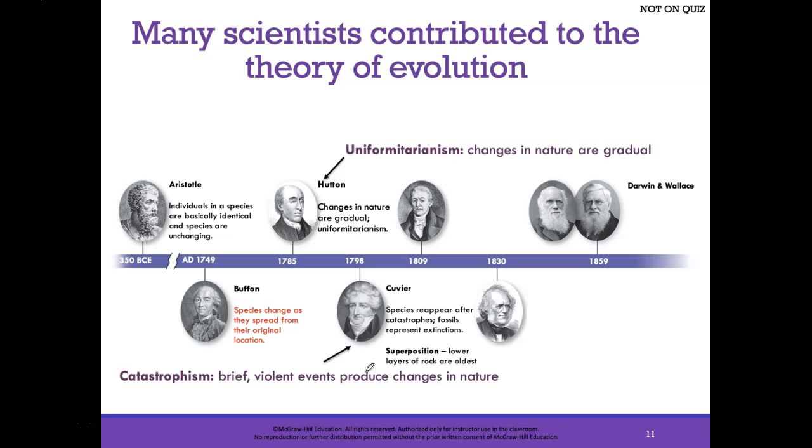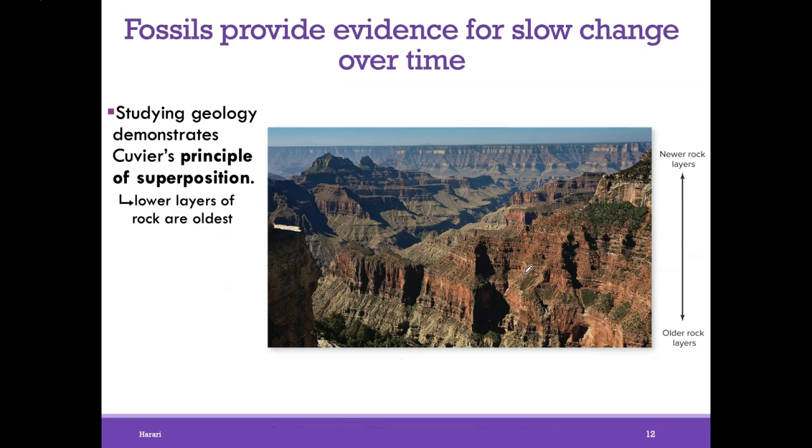People didn't understand the presence of fossils up until this point. People thought that fossils were failed attempts at life, like life that came from the earth but just never really came alive. Again, that's nonsense, we know now. But it wasn't until Cuvier that it was said that species reappear after catastrophes, fossils represent extinctions, and the lower levels of rock are older than the higher levels of rock.